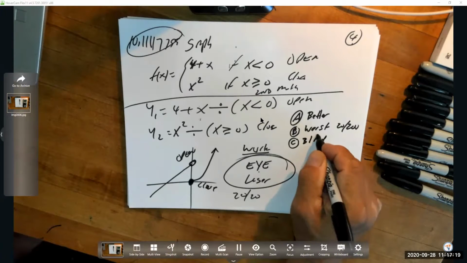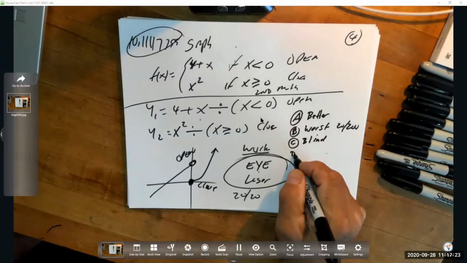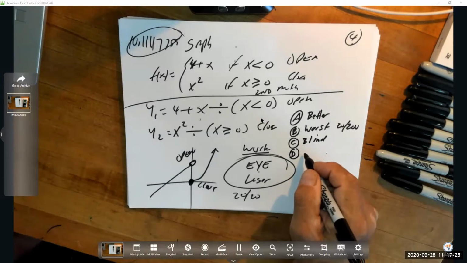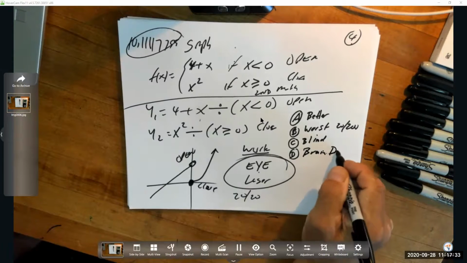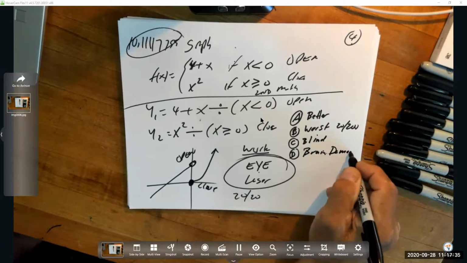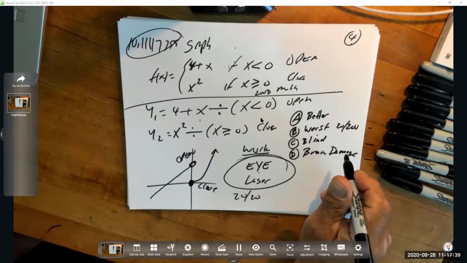if the laser burns too much of the eye, they can become blind. Or D, if the laser goes too far back beyond the eye, behind the eye is something called a brain. If it goes behind to the brain, it might damage it. It'll burn out stuff in parts of your brain.